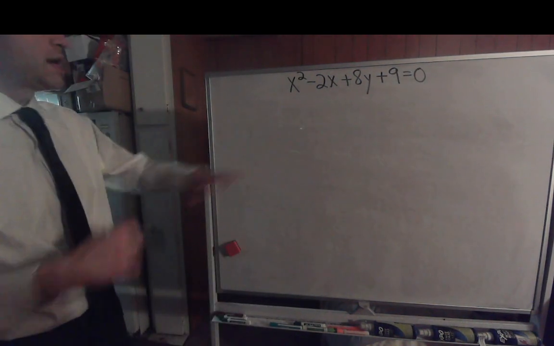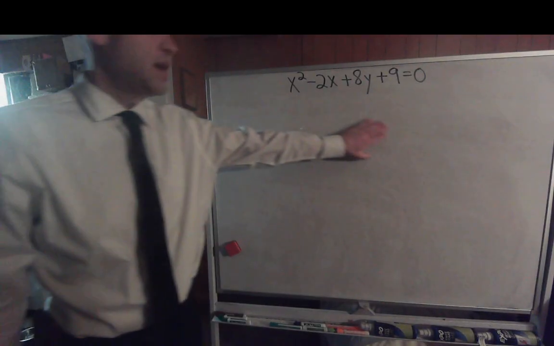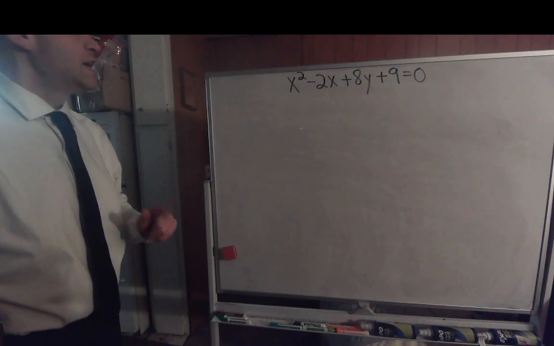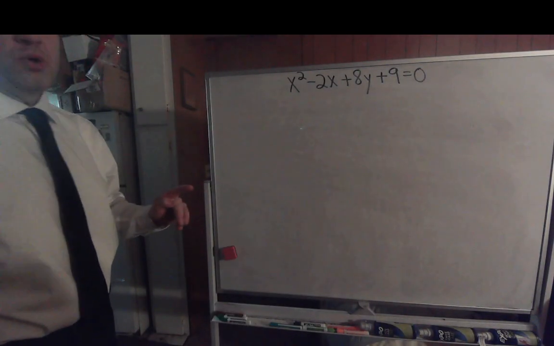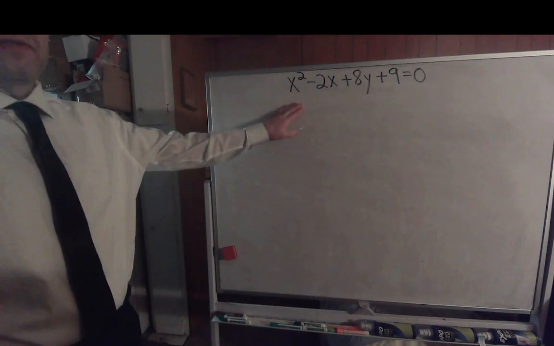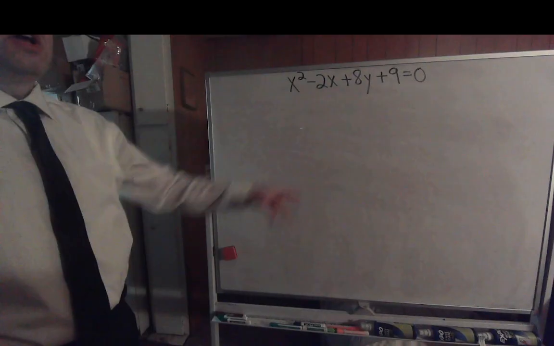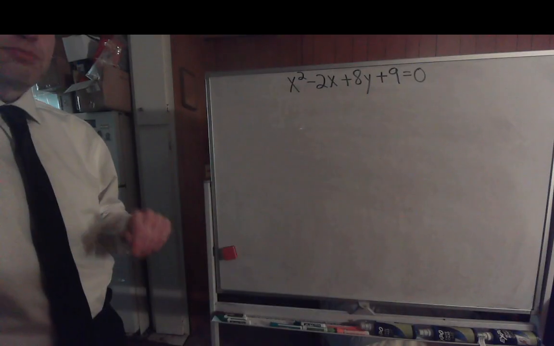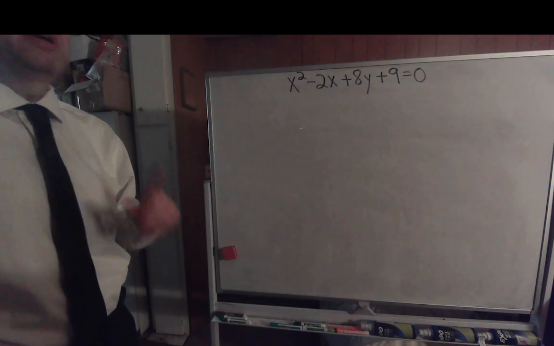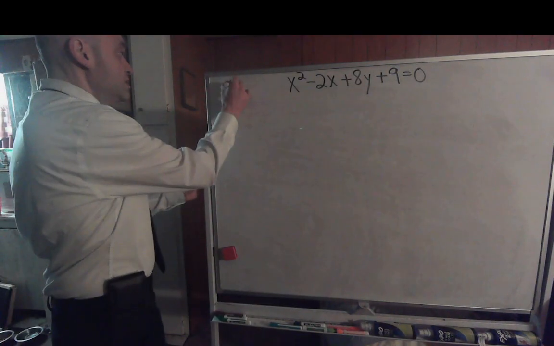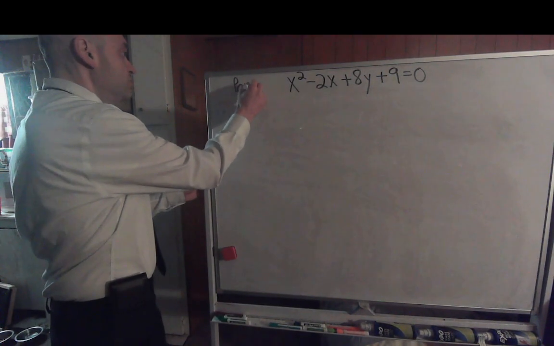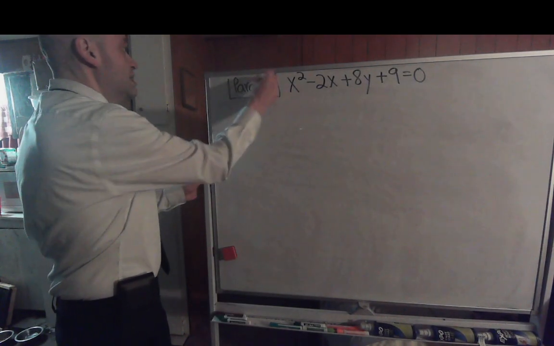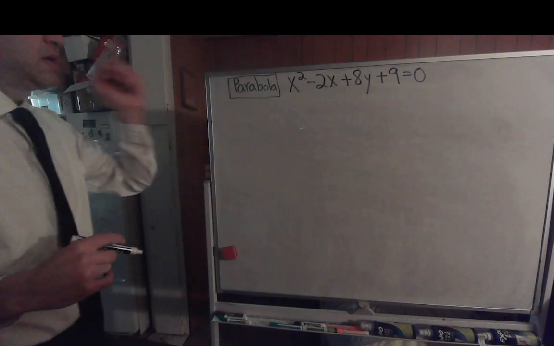Okay, so x squared minus 2x plus 8y plus 9 equals 0. Well, what do we notice right away? Only one of the variables is quadratic. Now, what type of conic section only has one quadratic variable and the other linear? That'd be a parabola, right? So if you said this was a parabola, you'd be correct.